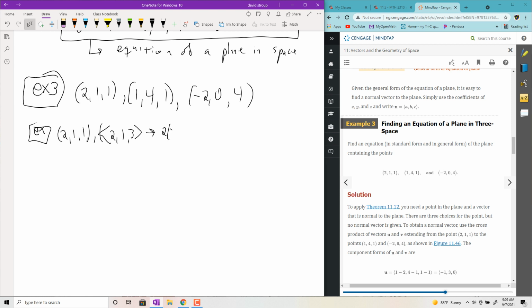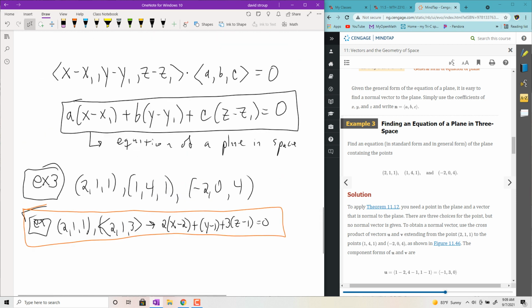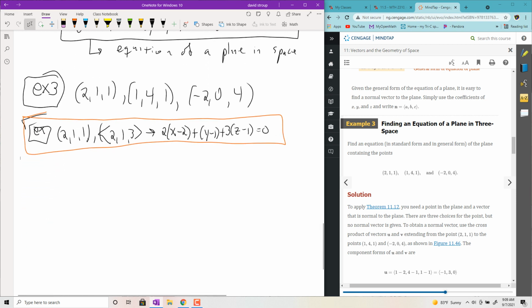It's just 2 times x minus 2 plus 1 times y minus 1 plus 3 times z minus 1 equals 0. So that's real simple, right? This one is a little bit more work because they're not giving you that normal vector. So how do I get the normal vector? Well, you have to do a cross product based off the vectors that you can produce with these 3 points.